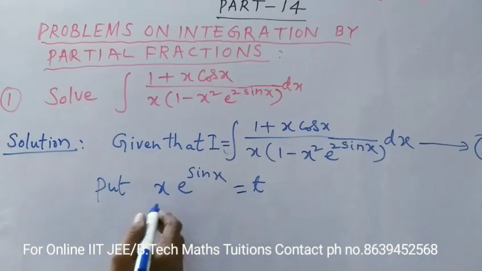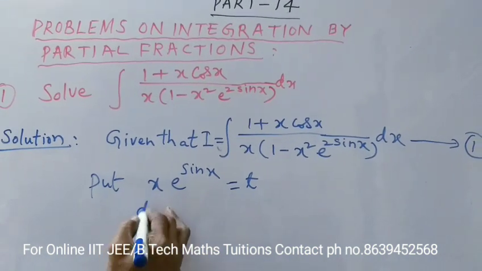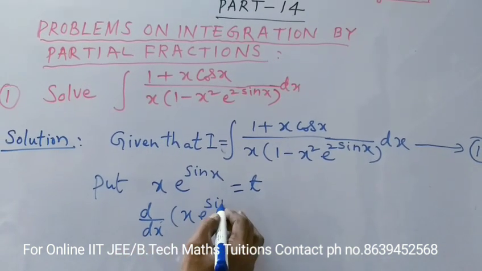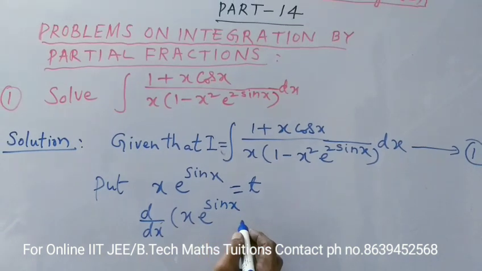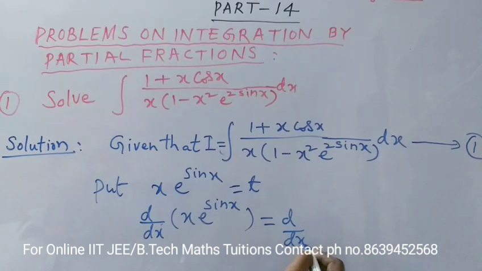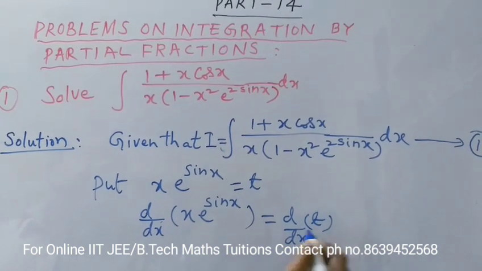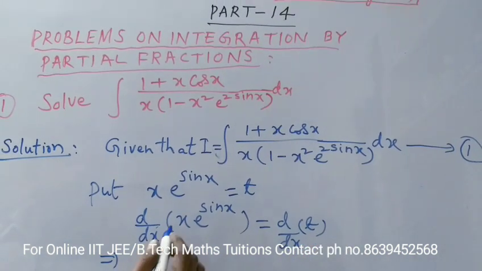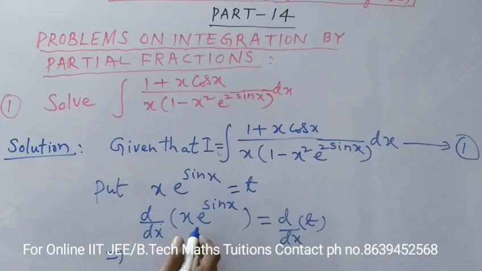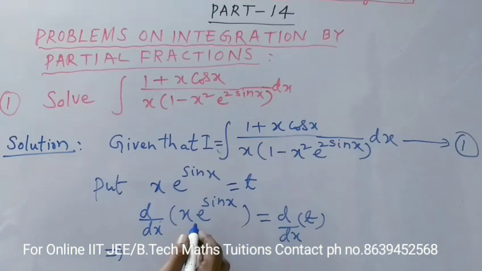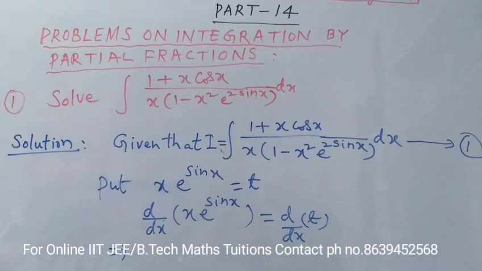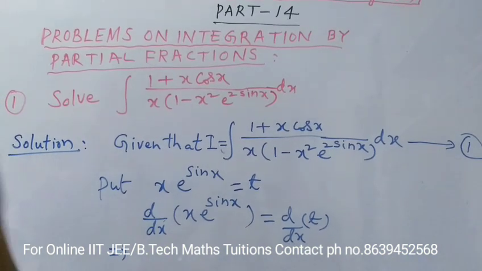Differentiate it on both sides with respect to x. d by dx of x into e to the power of sin x is equal to dt by dx. Here the product rule appears: uv dash plus vu dash.